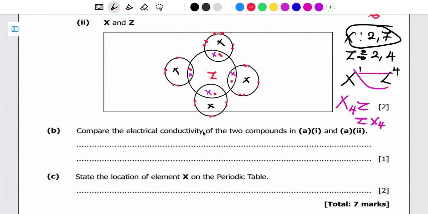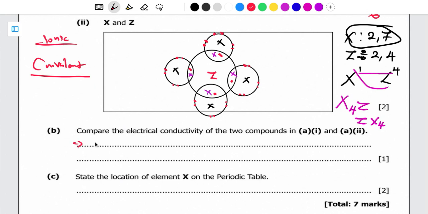Compare the electrical conductivity of the two compounds in A Roman number 1 and A Roman number 2. So this one is focusing on the covalent bonding. Like I said, covalent elements, they don't conduct electricity. Ionic bonding or ionic elements, they conduct what? Electricity.